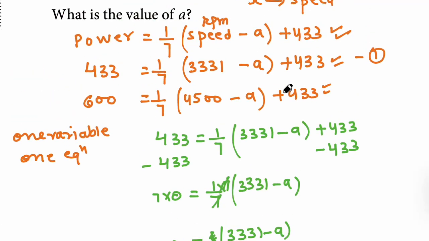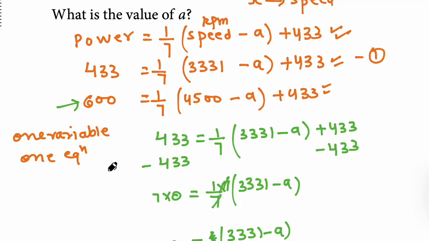You may get confused why these two equations are given, when I am not using the second equation anywhere. That is the beauty of SCT. SCT checks whether you get confused at this point about why the second equation is given. That's okay. Two data points are given to us, totally fine. We must be confident that if we have one variable, only one equation is enough to find its value.